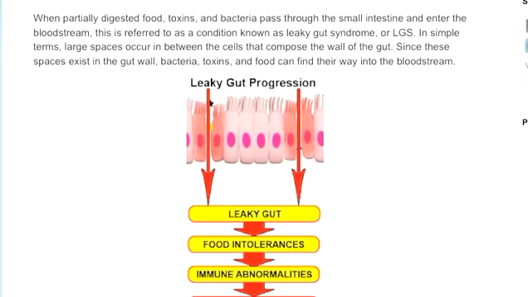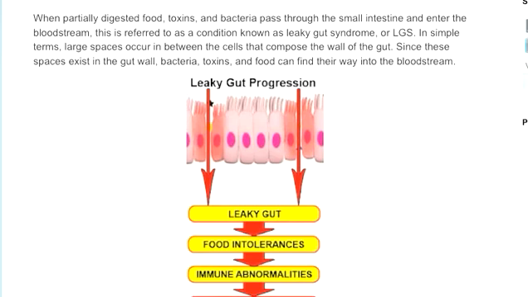What we're going to do tonight is look at leaky gut. We get a lot of questions from people trying to understand what leaky gut is, how it can aid herpes, how it can be confused with herpes, and how even some symptoms can be parallel with those from herpes.